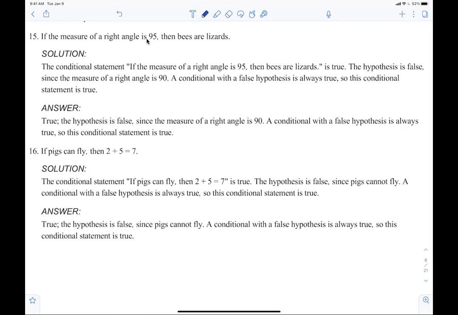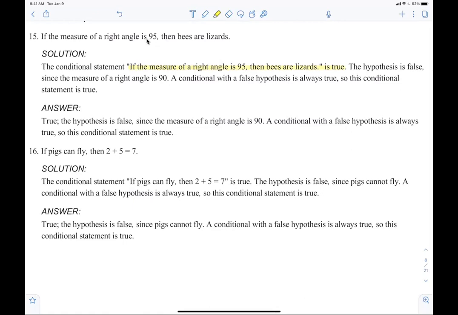So here we go. It says right here, the conditional statement, if the measure of a right angle is 95, then bees are lizards, is true. I don't know why it's true, but here comes the explanation.